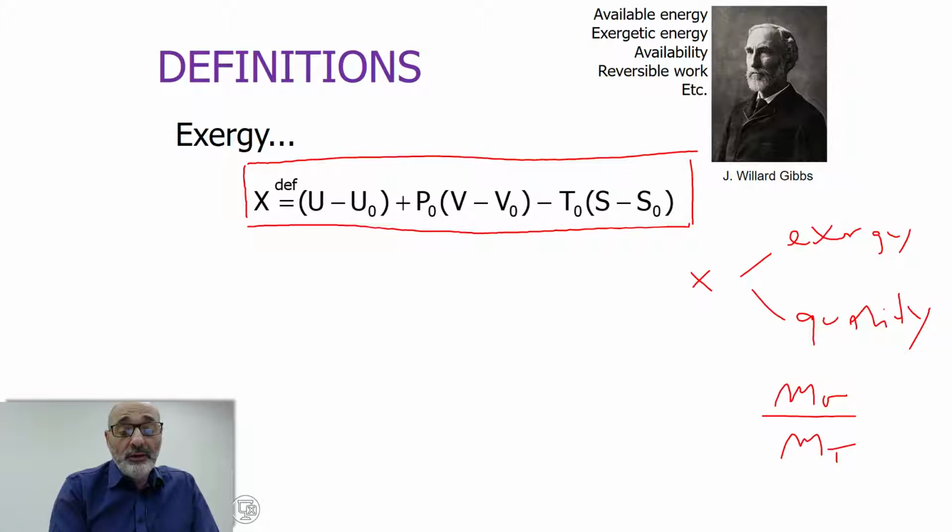In order to avoid confusion, when both terms appear, sometimes I'm going to use the letter E to refer to exergy, okay? When both concepts appear in our analysis, okay? Just an observation. It's self-evident, no problem, but just to remind you this, okay?